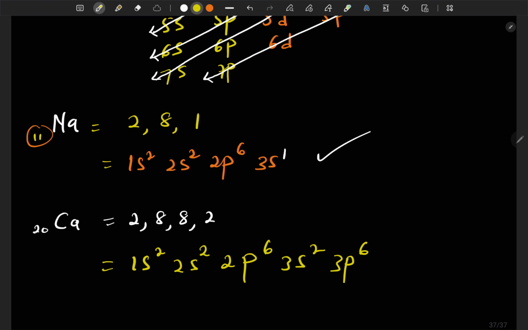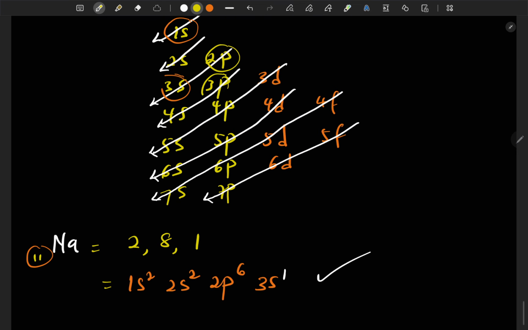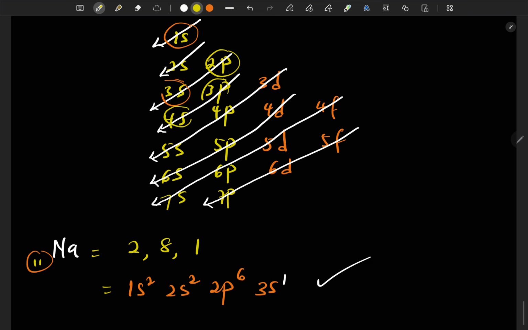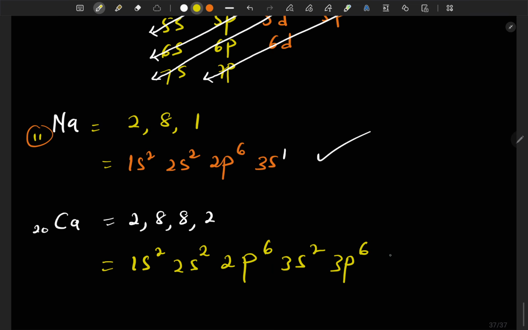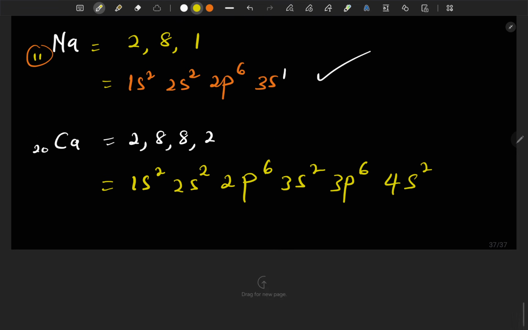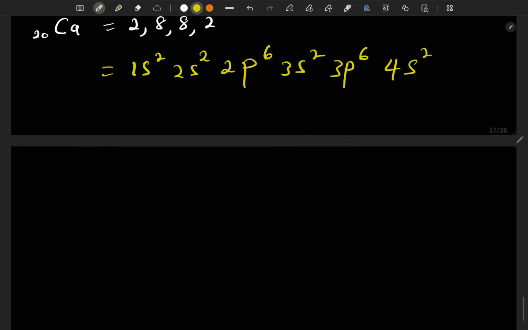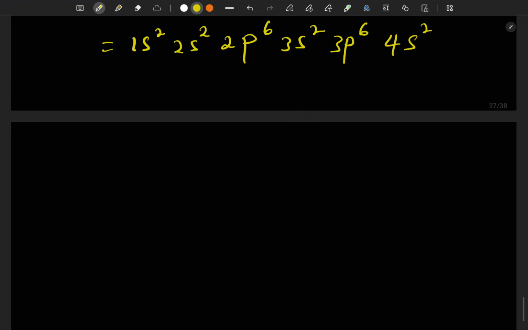So 20 minus 18 leaves 2 electrons. The next orbital is 4s, and an s orbital can occupy 2 electrons, so we put the remaining 2 electrons in 4s2. As simple as that: 1s2, 2s2, 2p6, 3s2, 3p6, 4s2. That's it.